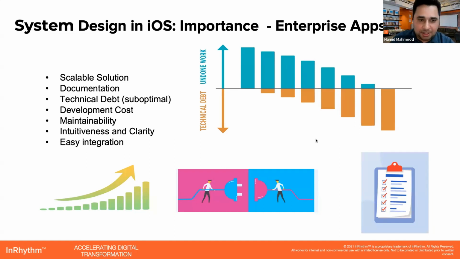What is technical debt? Adopting a suboptimal approach, or an easy solution, to solve a problem instead of choosing an optimal solution to get the problem solved, would be called technical debt. Now, I would explain a little bit more.